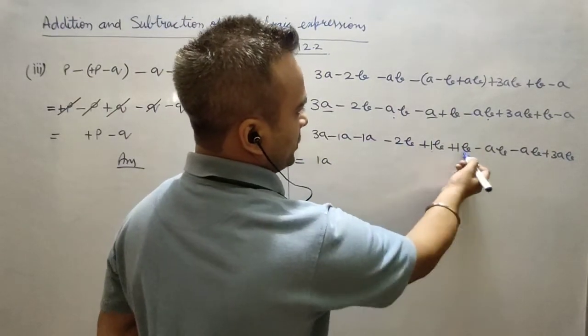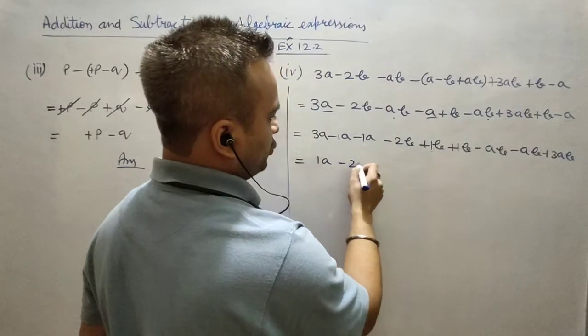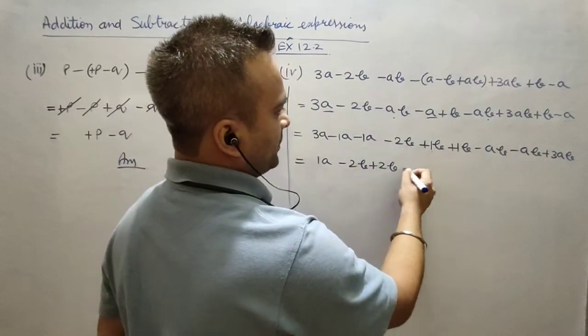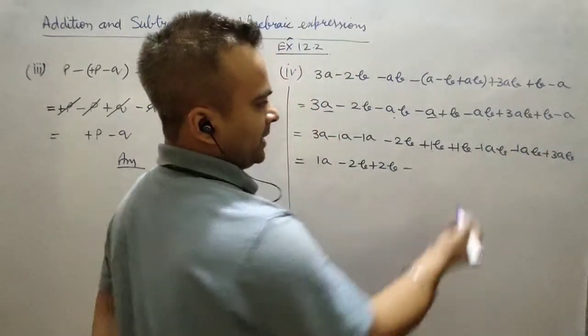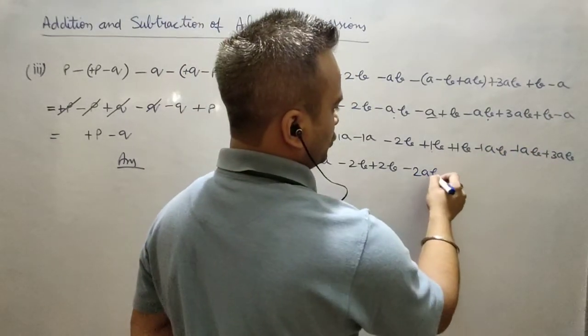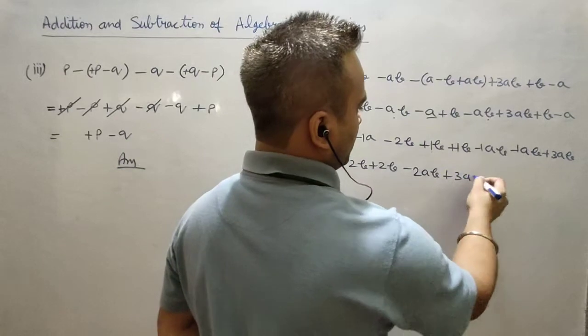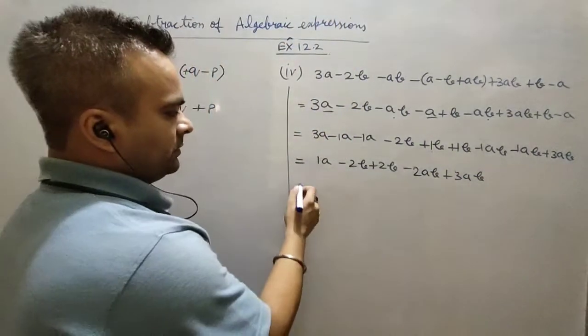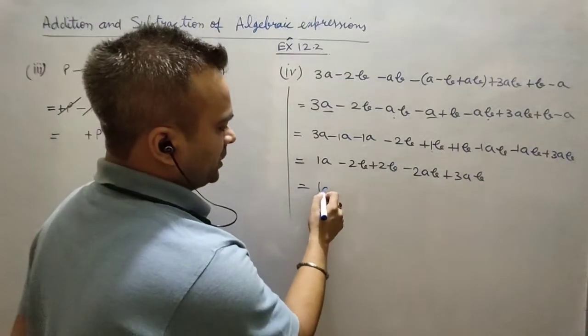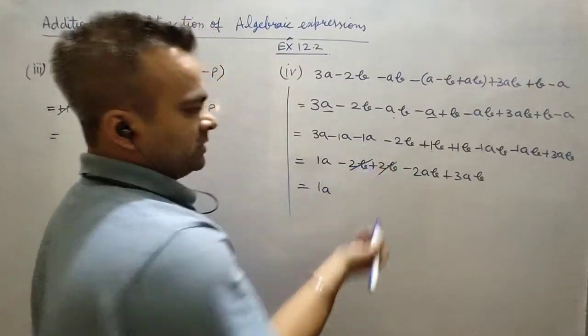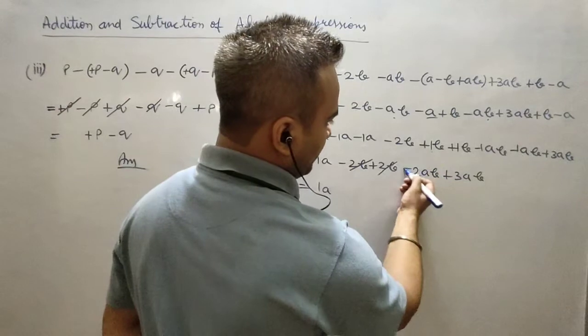So plus 1 plus 1 is 2b. So in minus 2b, it will be 2b. And you can see this one minus 1ab, minus 1ab, minus 1 and minus 1 is minus 2, and the ab will stay here, because we never do anything with the variable part. So this is 1a, this is minus 2 and plus 2, which cancel, and then you can see minus 2 plus 3.